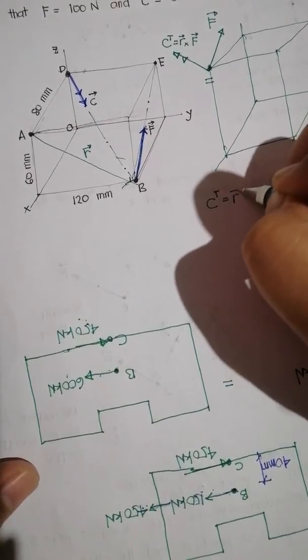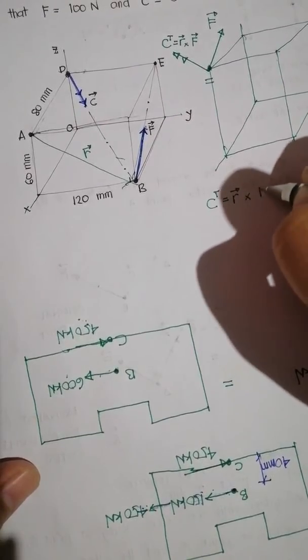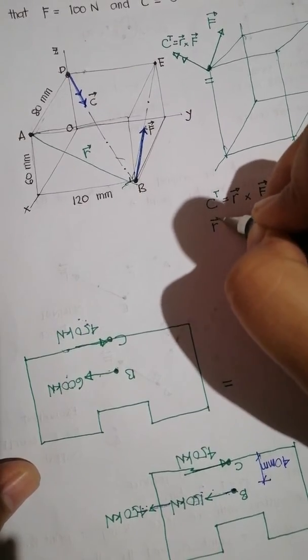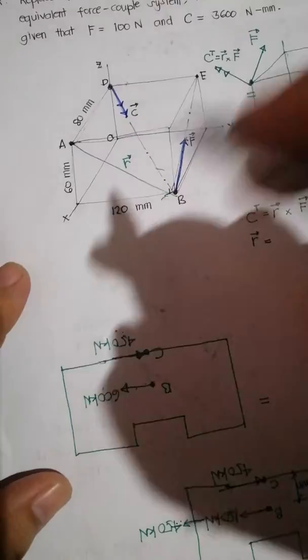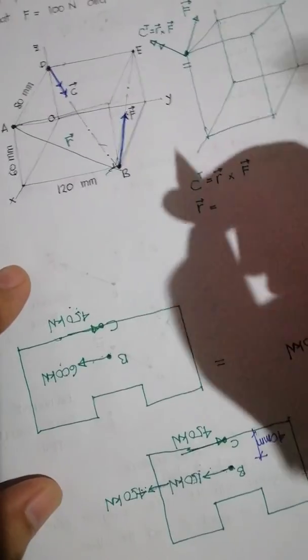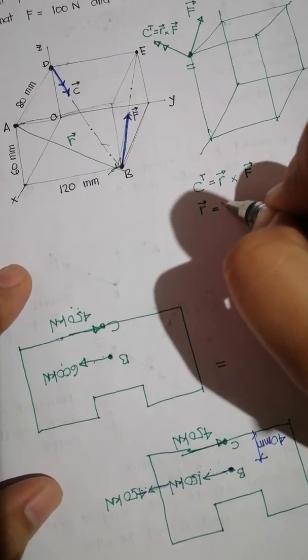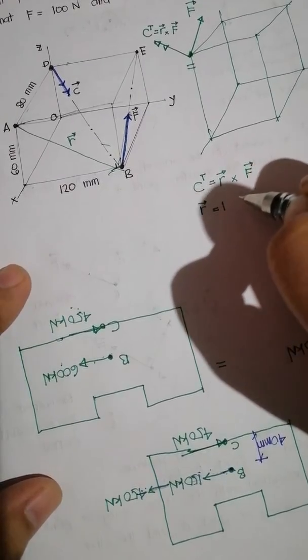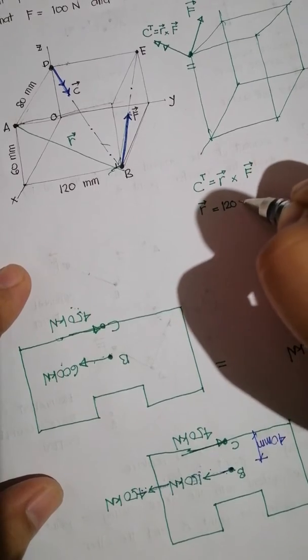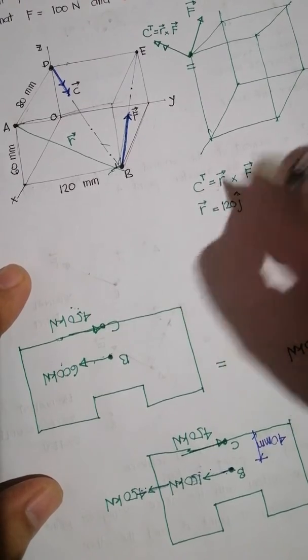Such that the couple of transfer formed is equal to R cross F, in which case our R vector would be, along the y-axis, the distance is 120 mm, so we have 120 j hat positive.